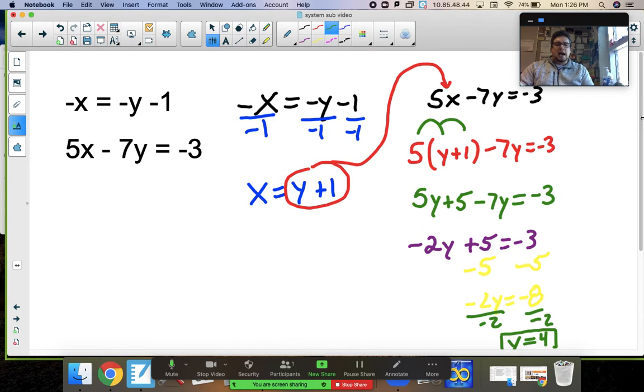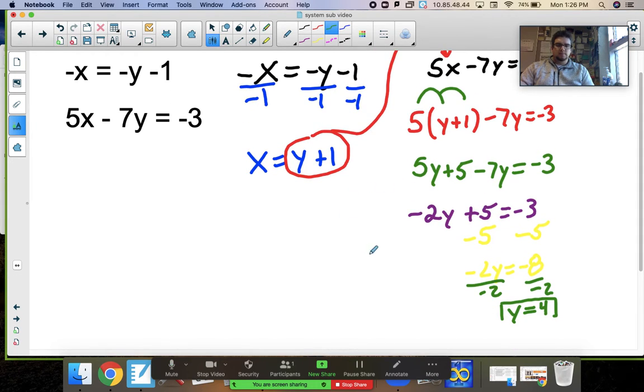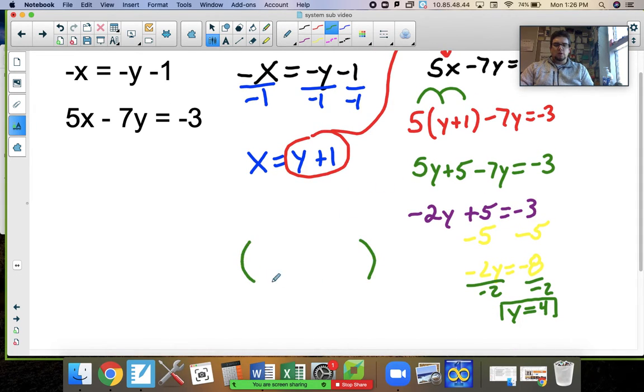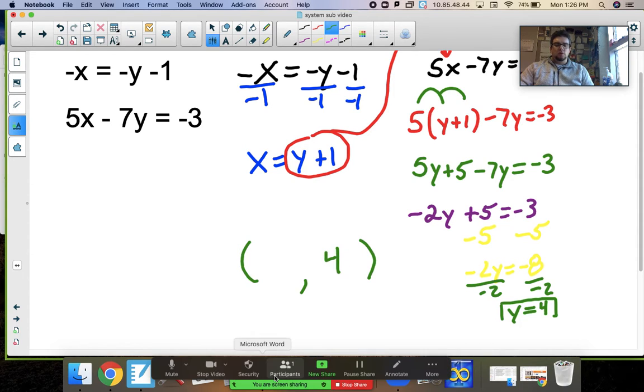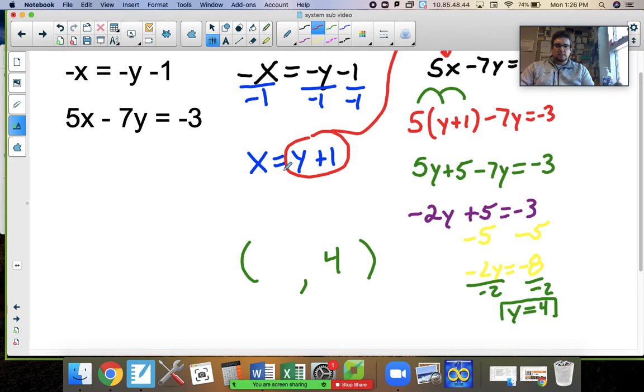That is half of our answer. So right now in our coordinate point, we have 4 right there. I still need to find x, so we're going to plug that 4 in right here. So x is 5.